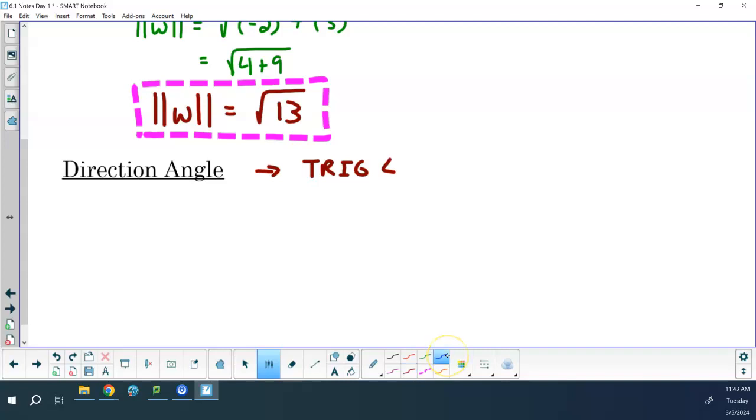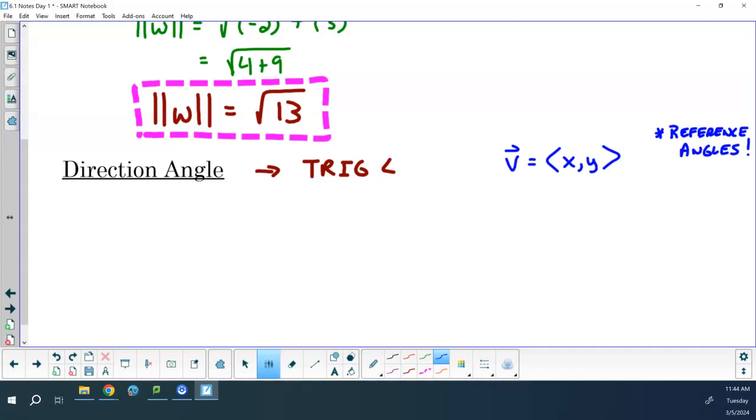So again, if vector V is at the point x comma y, then we're going off of reference angles, which we did first semester when we were dealing with finding angles on the unit circle.